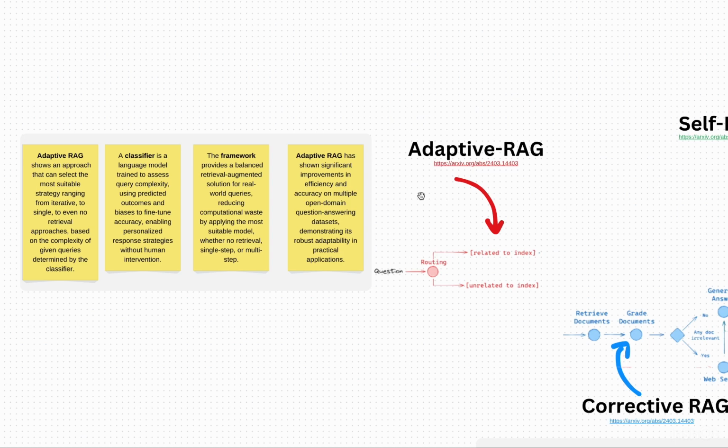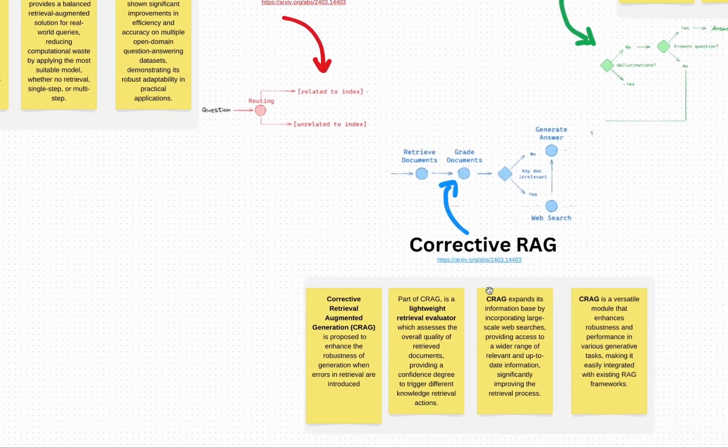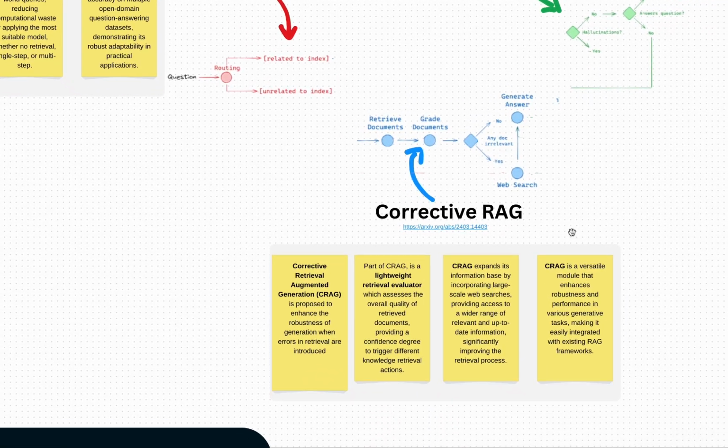Okay, the second approach is called corrective RAG, and this corrective RAG is actually proposed to enhance the retrieval-augmented generation or the AI agent by also doing a grading system on the retrieval.